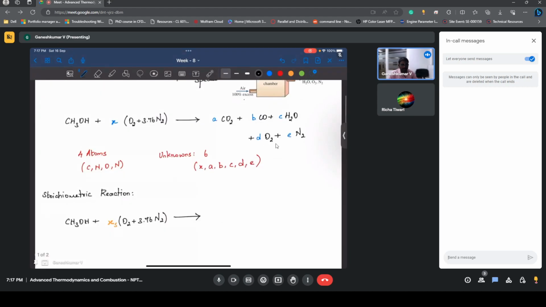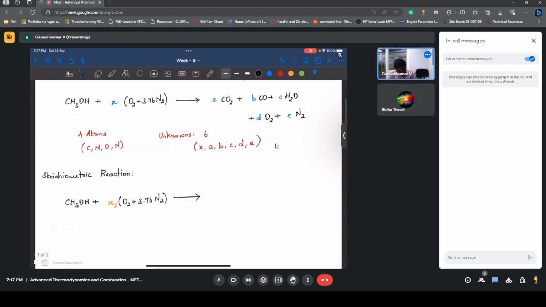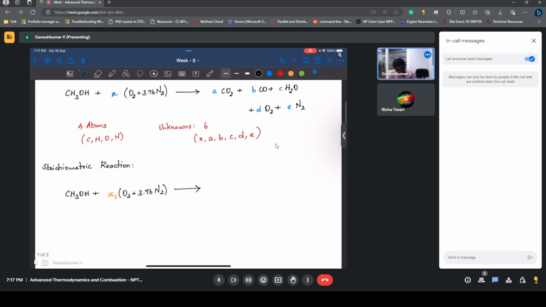Is this clear why we are first finding the stoichiometric reaction? Yes, sir. So in a stoichiometric reaction, you will not have this additional CO, OH, those species. Instead, you will have ideal combustion products.